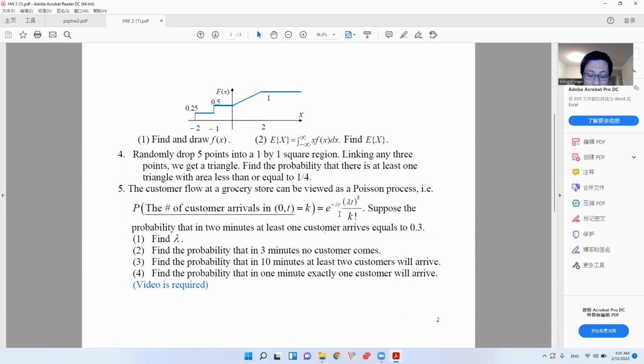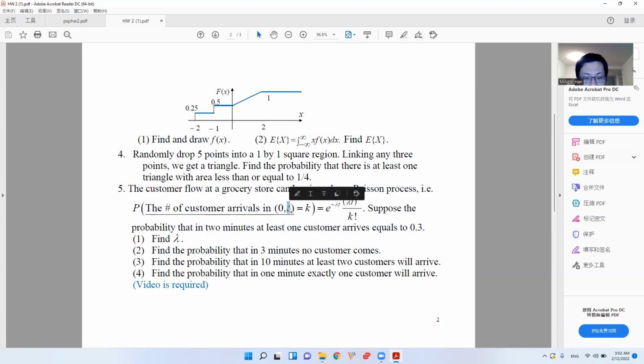This is pretty intuitive. Part one would be to find lambda with this, and it's also said that in 2 minutes at least one customer arrives with probability 0.3. So plug in 2 as t.